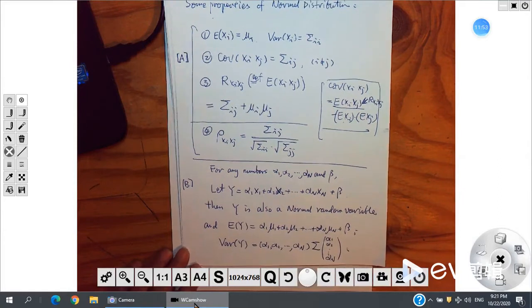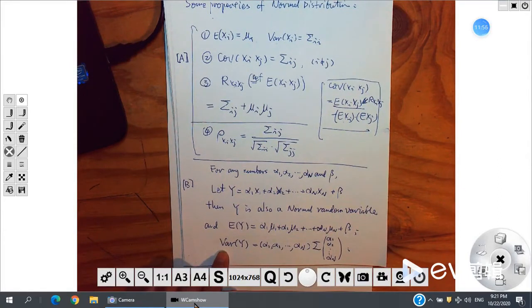Alright, so we can also find the variance of it. And we know this is a normal distribution, so when you have the mean and the variance, you can have the density function, right? The PDF, probability density function.